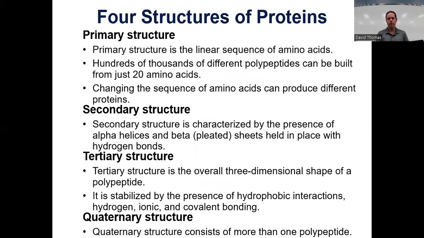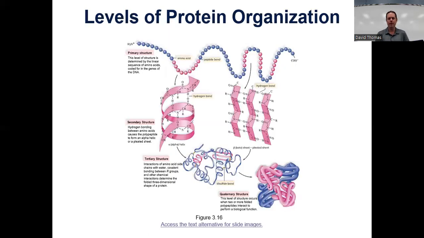Quaternary structure is when you have multiple subunits. That's the most complex, the most developed form of the protein. In this example here, it's the quaternary structure. There's actually 4 subunits. It's like taking the tertiary structure, but now I've got multiple tertiary structures all in one unit.